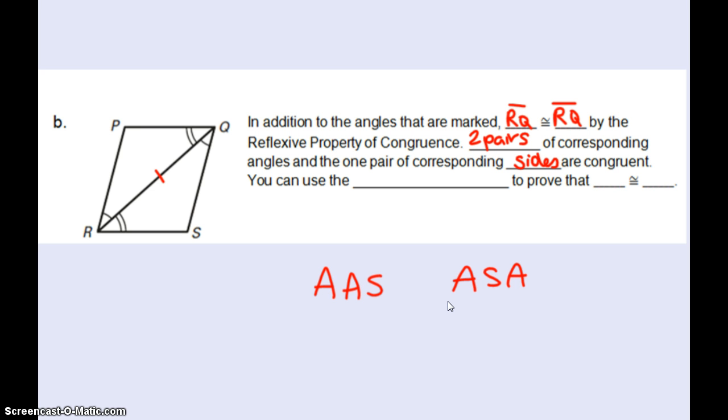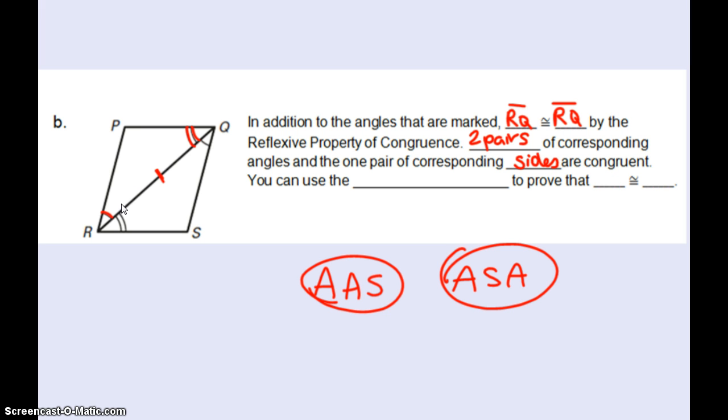These are the only two that we know of that have two pairs of angles and one pair of congruent sides. So the question is, is the side in between the two angles over here, or is it out here third wheeling it, not having a conversation? Okay, so looking at this, I have angle, side, angle.